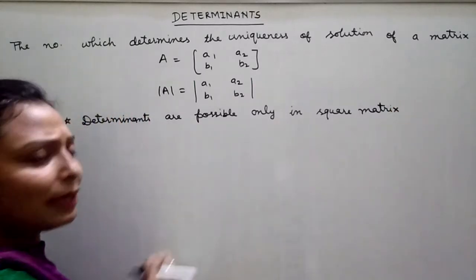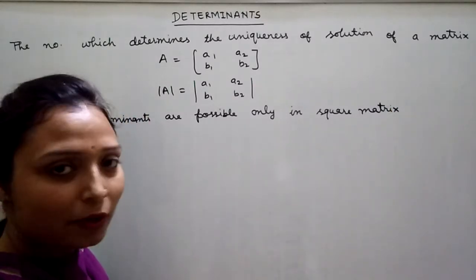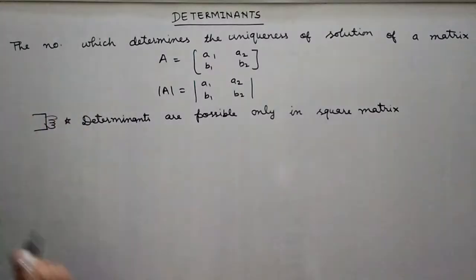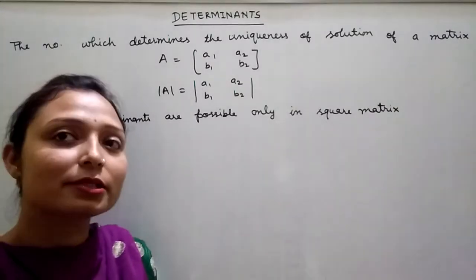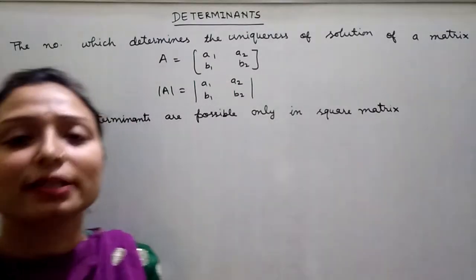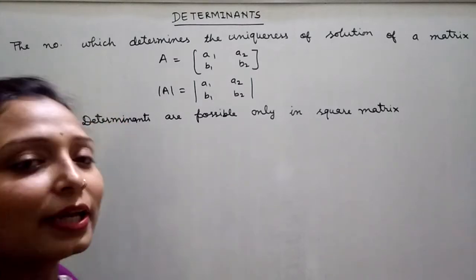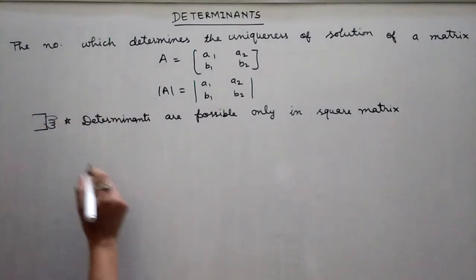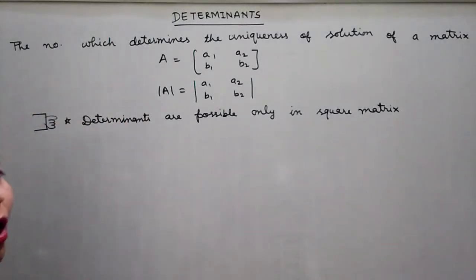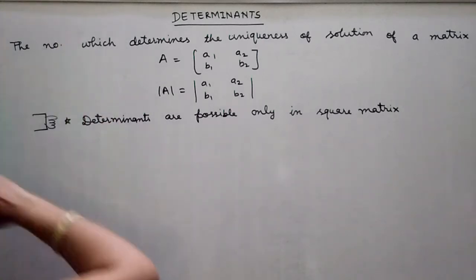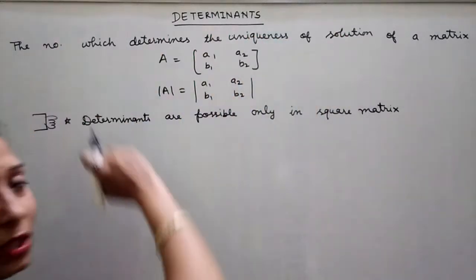In a rectangular matrix, determinant will not be possible. Now we have the determinant of order 3 with real entries, real as well as complex. Now come to the determinants of order 1. How to find the values? How to find the numbers which determine the uniqueness of the solution?